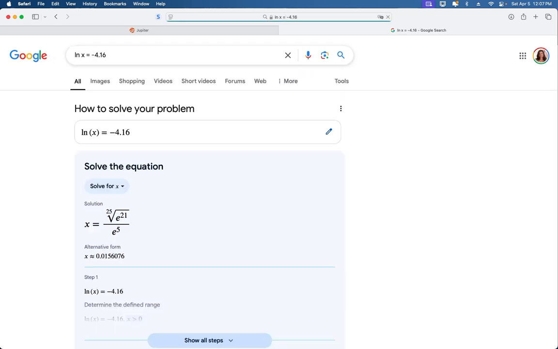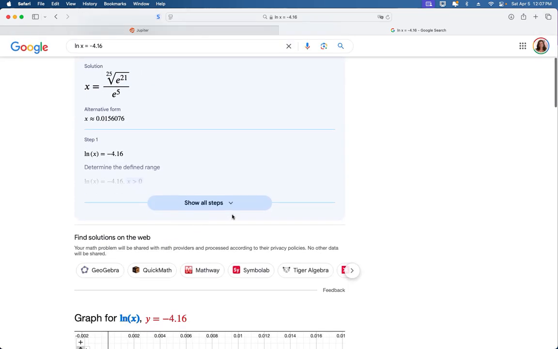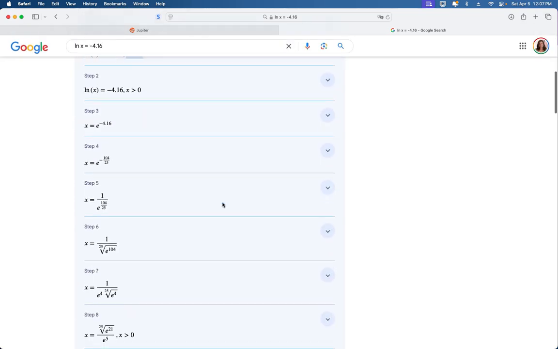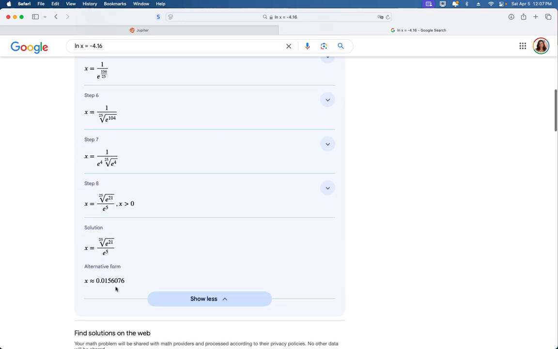Enter. All right, so it's going to give me my solution. Show all the steps. So my answer here is going to be this, and we want to put it in scientific notation because it's decimals. So it'd be 1.56 times 10 to the negative 2. So that's going to be my solution.